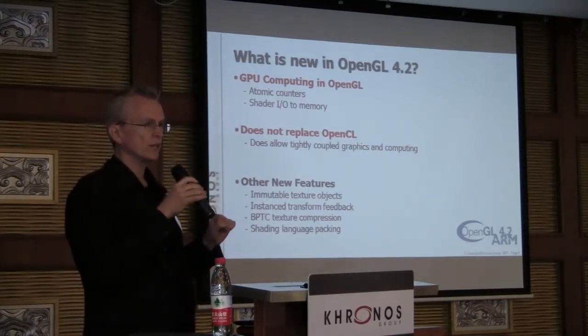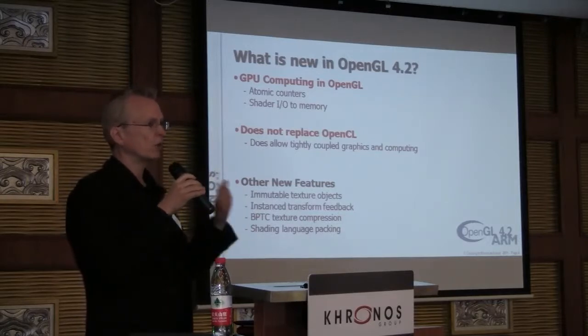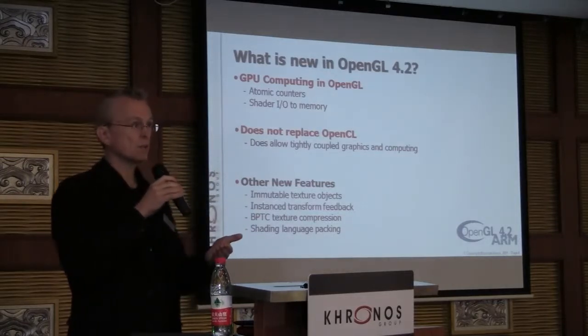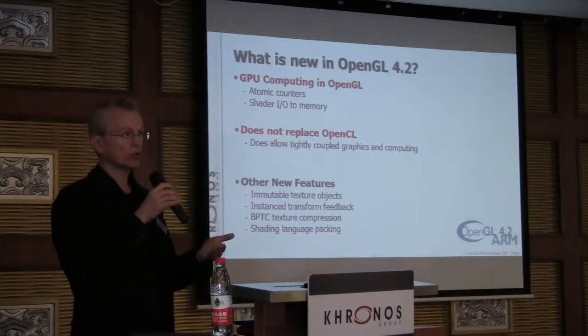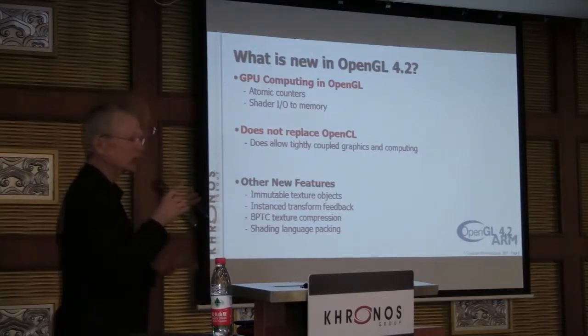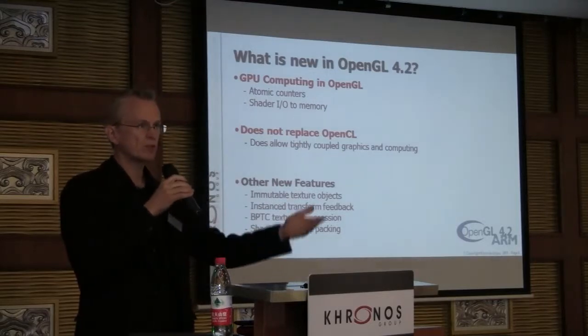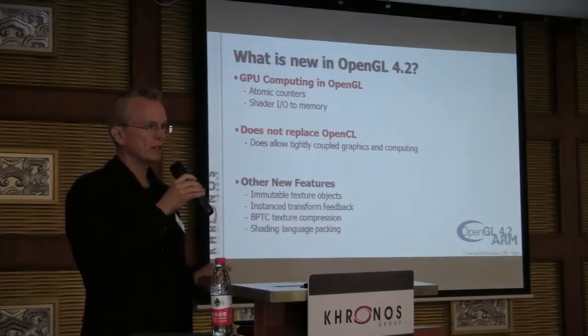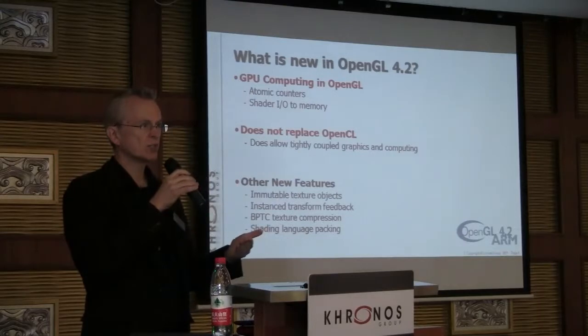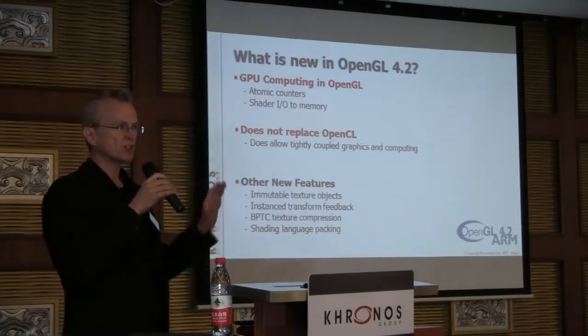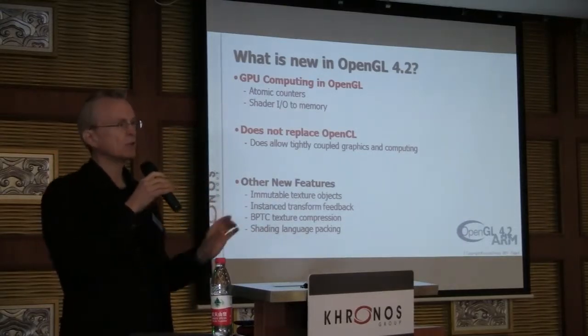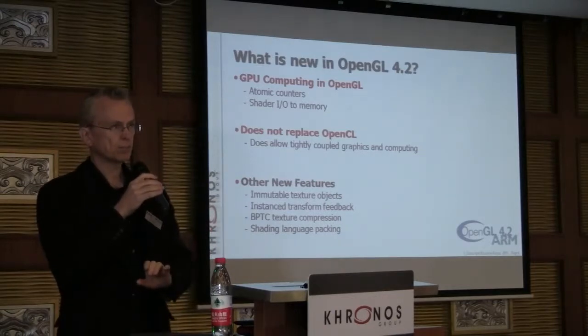It's important to realize that this does not replace OpenCL, which is the Khronos API for general purpose computing using a GPU. So if what you want to do is a big physics simulation, water simulation, any kind of physics, and then render the results, it's better to use OpenCL for the physics and then use OpenGL for the rendering.